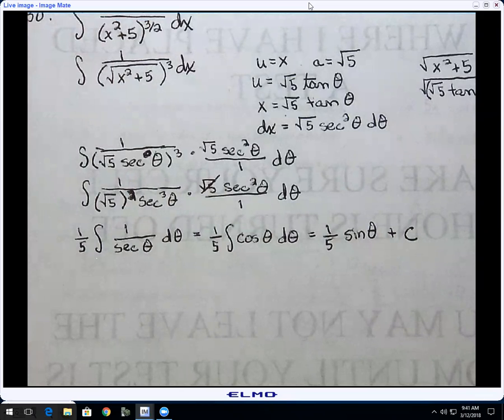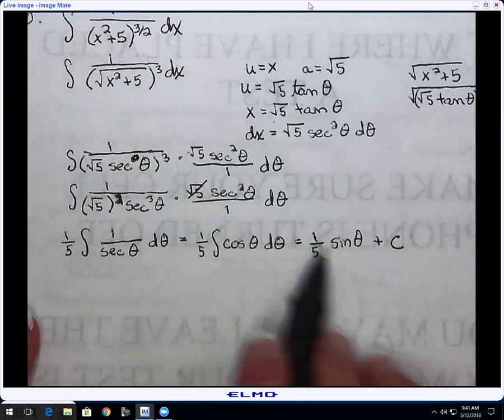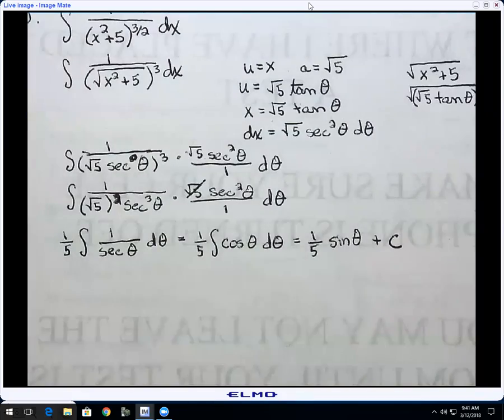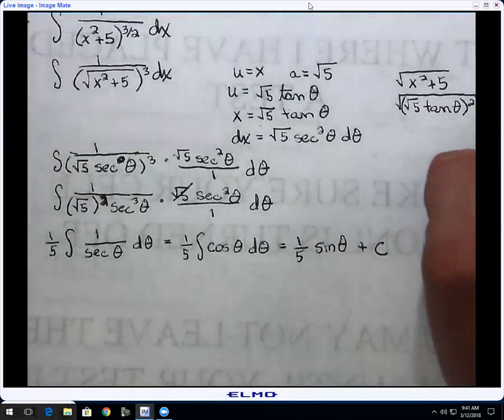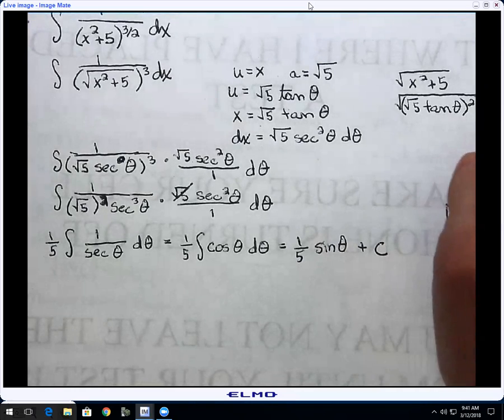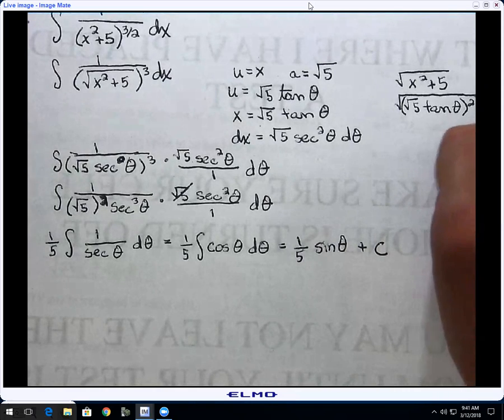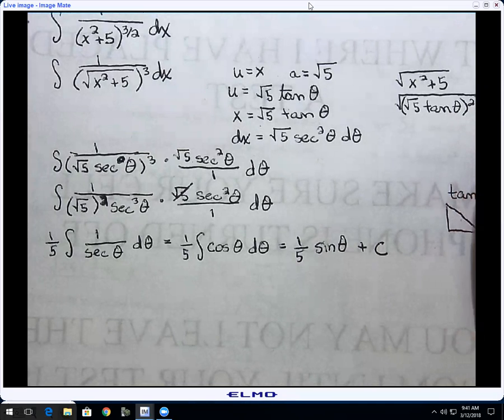Now we've got to change it from sine theta to something with u's in it, and then from something with u's in it to something with x's in it. Where do I get something I can put in place of sine theta? A triangle. We did the substitution. Tangent theta is u over square root of 5.